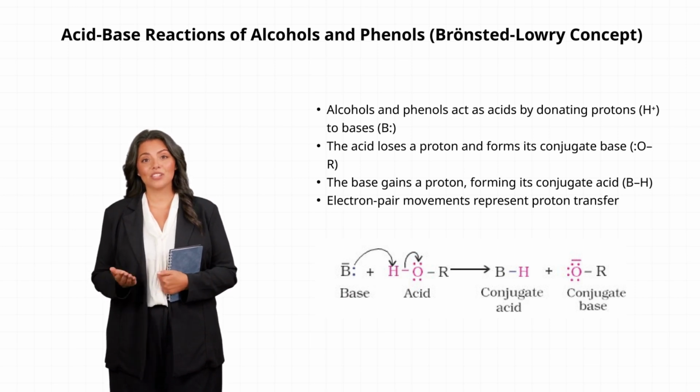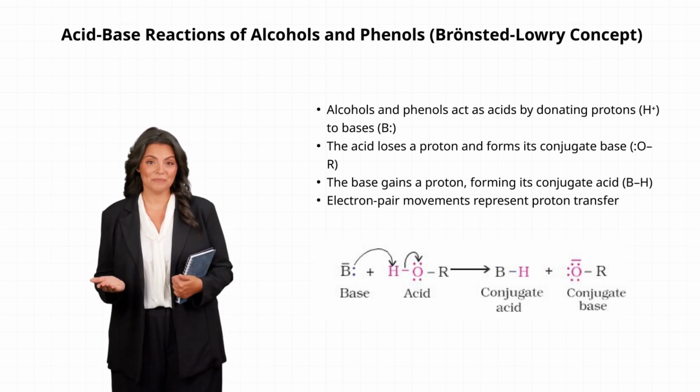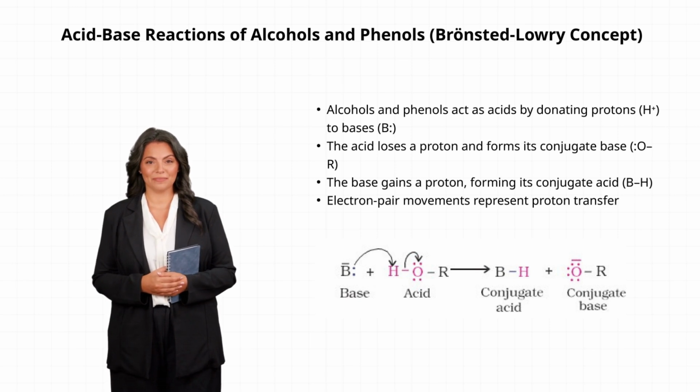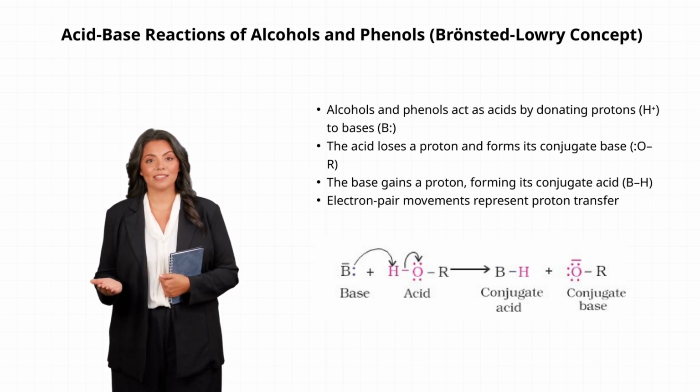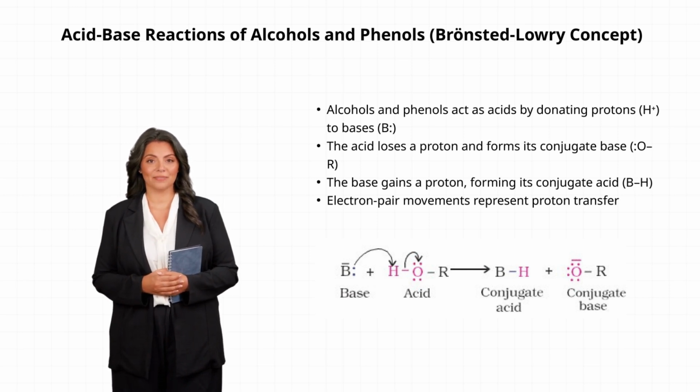This proton exchange reveals the reversible nature of acid-base reactions and the dynamic electron movements underlying all chemistry. Visualize this proton donation like a handshake transfer from an acid to a base, maintaining chemical balance and preparing molecules for the next step in their transformations.